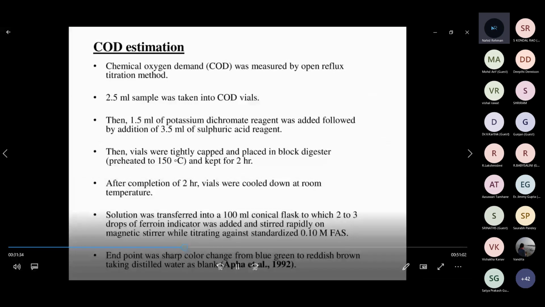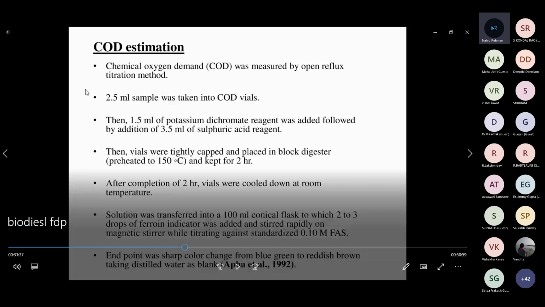Now coming to one very important parameter, which is called COD estimation. Everyone is speaking about that. This is chemical oxygen demand, and this is measured by the open reflux titration method.